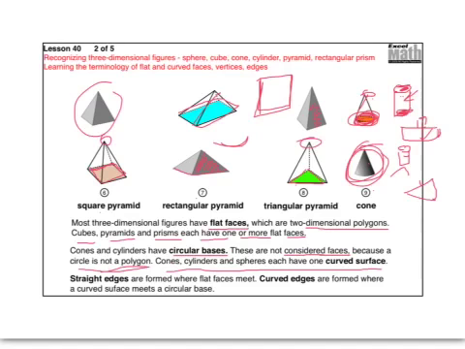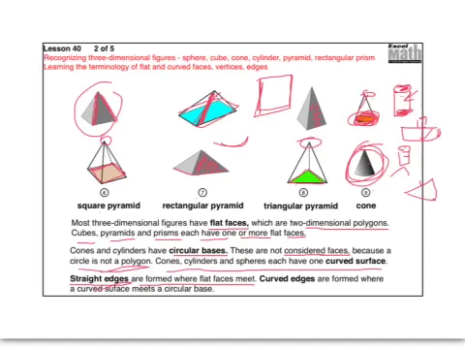Now, another term you need to learn is called straight edges. Straight edges are formed where flat faces meet. So right here, that's a straight edge. Okay, an edge is something like you could fall off, right? If you set your glass on the table and your parents say, hey, don't set that so close to the edge, they're talking about a line like this at the edge of the table where it could fall off.